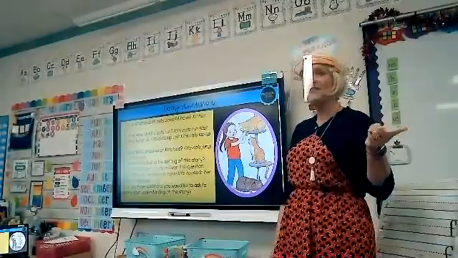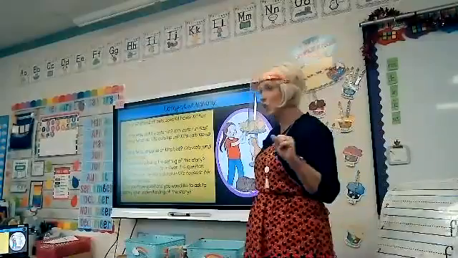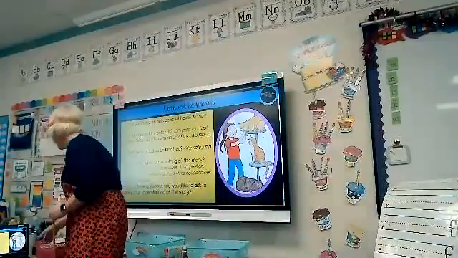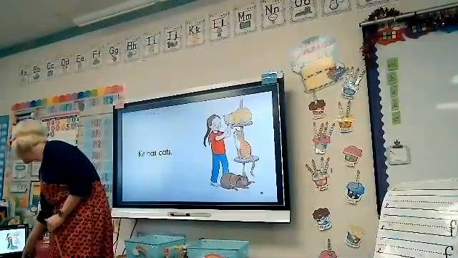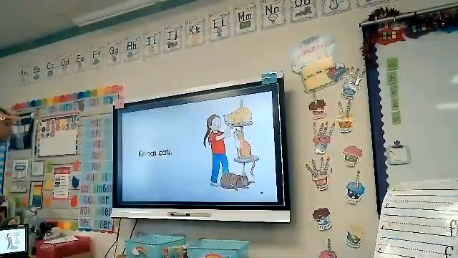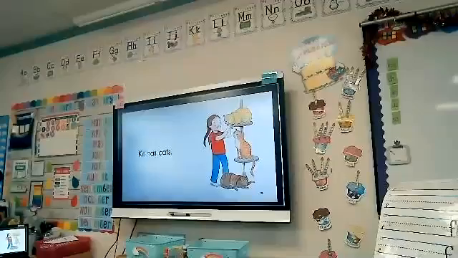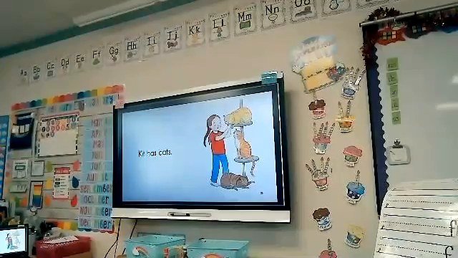No, but we could find out where the setting was by looking at the pictures, couldn't we? Okay, so let's go back in our book and let's look at the picture. So that really doesn't tell us where the setting is, does it? No, it does not tell us where the setting is.